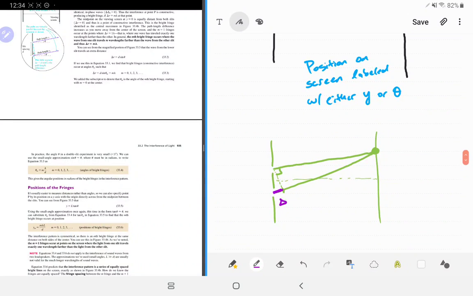It's how much farther the path on the bottom has to go than the path on the top. You can show that in terms of d and theta, the angle of the point on the screen relative to here, the path length difference is d sine theta. That's the key result of this whole section.